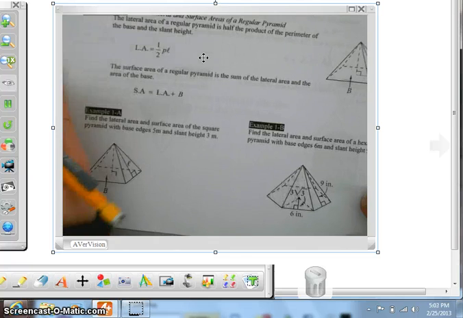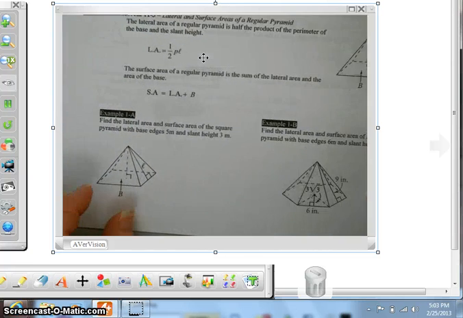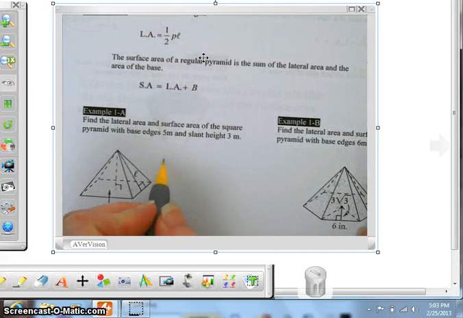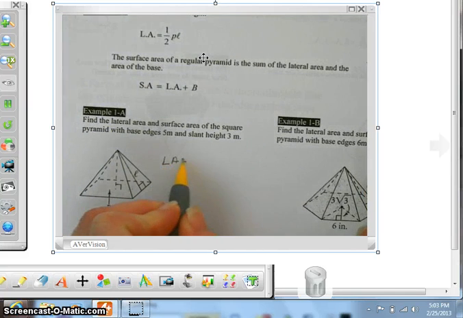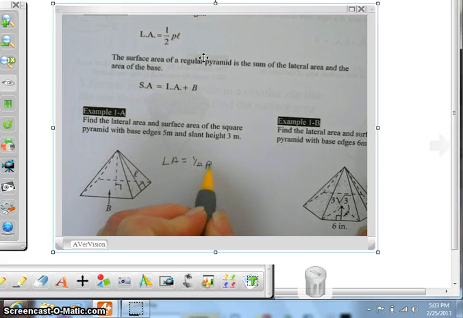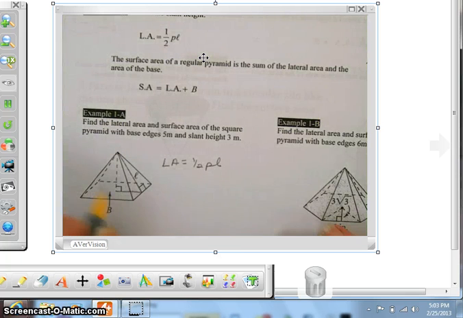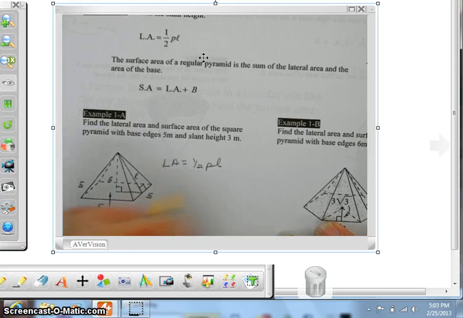Let's do that in example 1. In example 1, we want the lateral area. It's 1/2 PL. Your base edge is 5, so it looks like our perimeter is going to be 20.